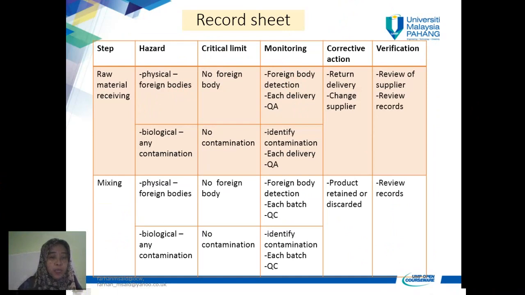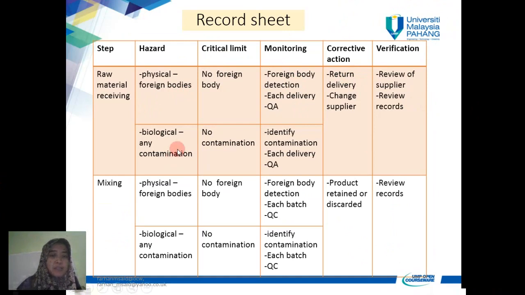The QA, quality assurance person. The corrective action is to return the delivery, or we can change the supplier. And how to verify it? We review from the supplier and also from the record.